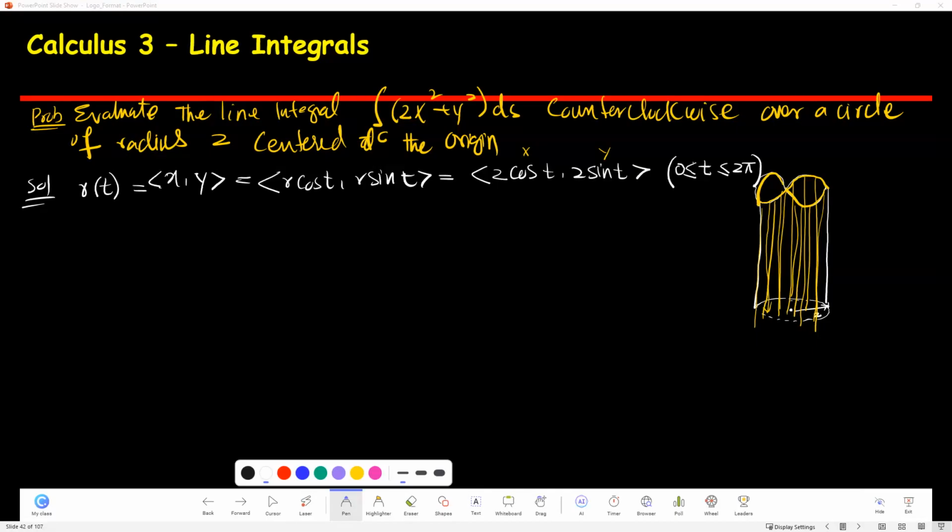It's not time, by the way, it's a parameter. If you rotate it for 360 degrees, you're going to cover all the values of x and y. If I take r prime with respect to t, it equals minus 2 sine t, then 2 cos t.